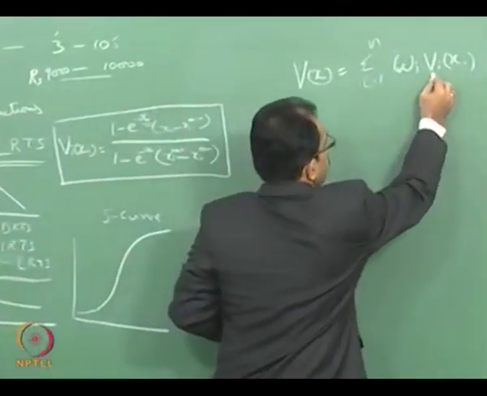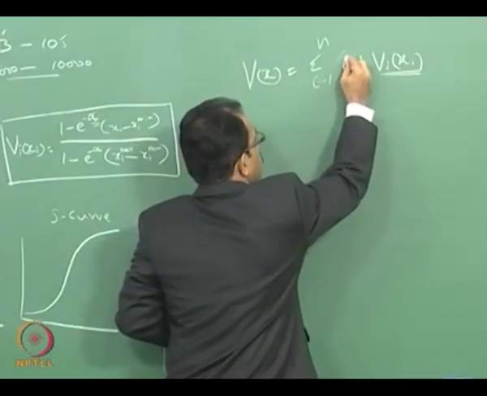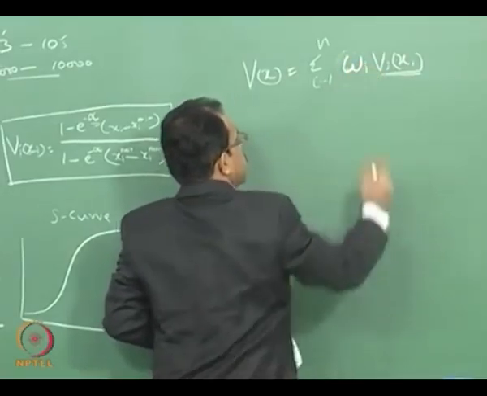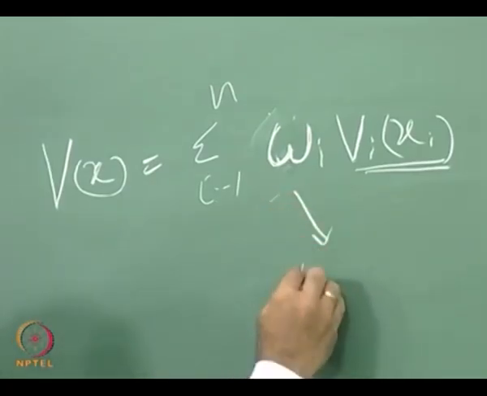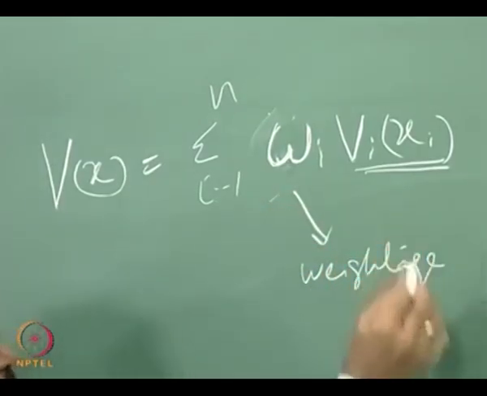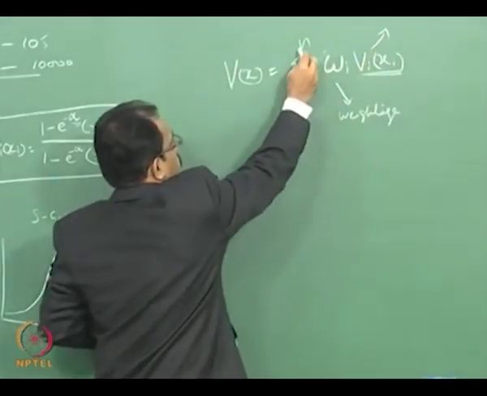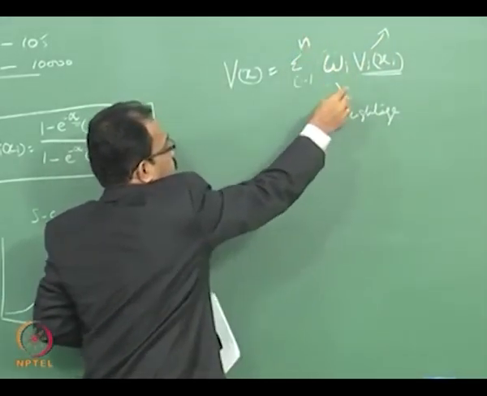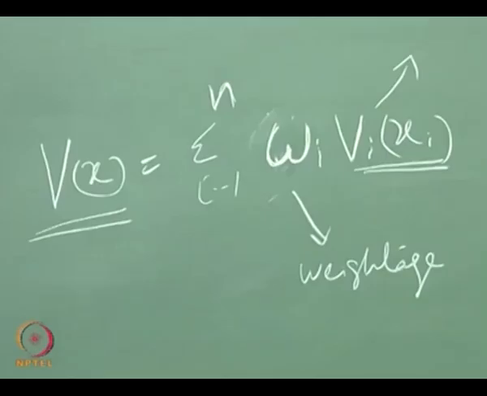So you will be getting Vi xi for all these objectives, and then we will have a weightage factor Wi, and this Wi is the weightage for individual objectives, and this is the value function. Then we take the sigma of this, and you will be getting the total value function for all the objectives.